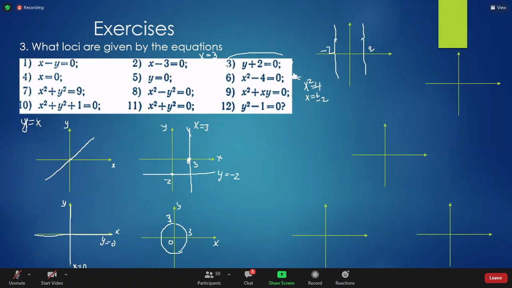We might remember from school that the equation of a circle, if the center is at the origin, is x squared plus y squared equals radius squared. So we recognize this as an equation of a circle. Now let's go on to number 8.